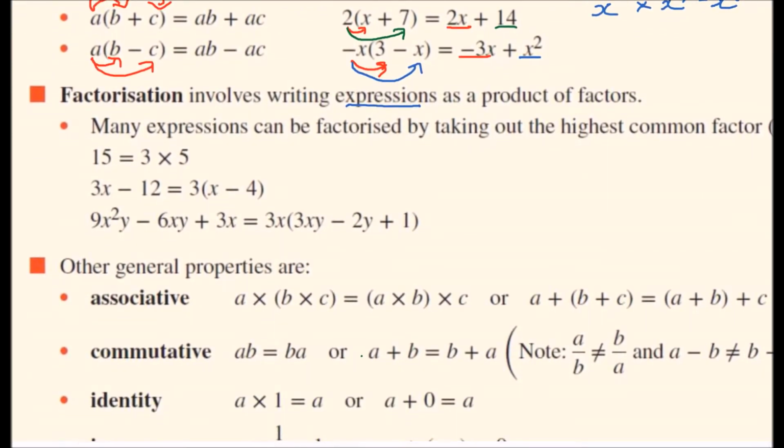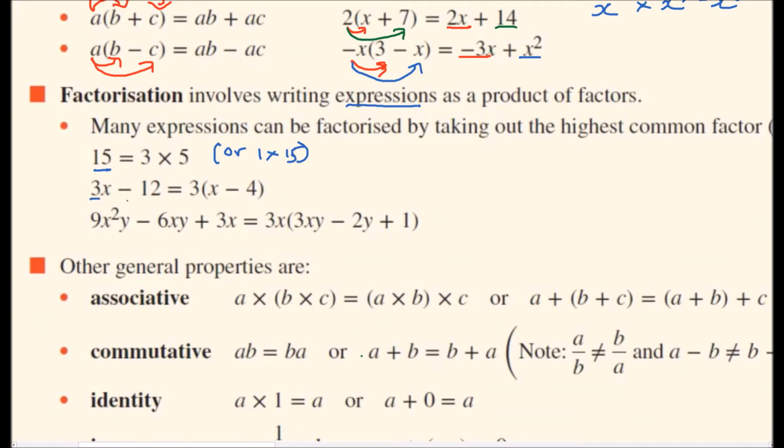So in this case, if you wanted to factorize the number 15, you could split that up into 3 times 5, because 3 times 5 equals 15, or you could also do 1 times 15. That works as well. If you wanted to factorize 3x minus 12, the common factor for 3x and negative 12 is the number 3.